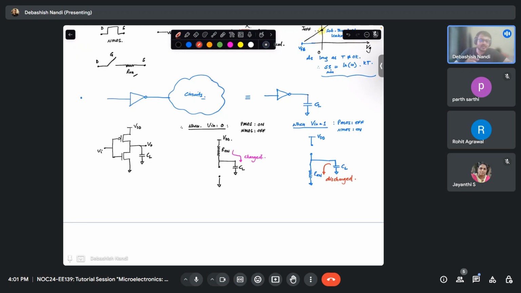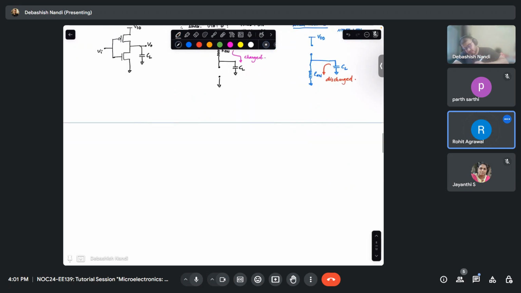And to understand that charging and discharging, what do we need to analyze? A first order series RC circuit. Both are first order series RC circuits. Can you see? Now let's say this is C, this is R, and I have given an input signal like this.